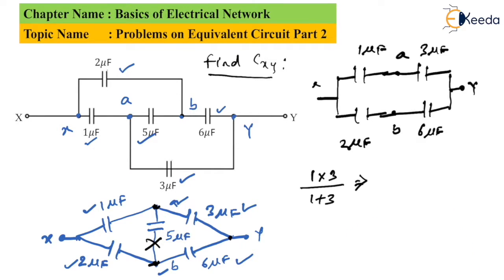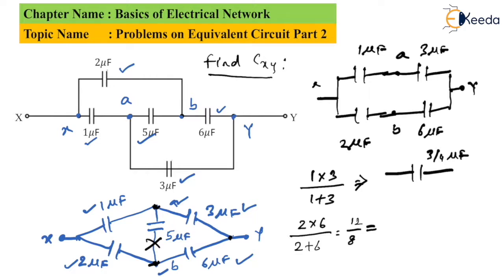So the value of the capacitance in the upper branch is 3/4 microfarad. Whereas in the lower branch, the equivalent capacitor is 2 into 6 upon 2 plus 6, which comes out to be 12 upon 8.